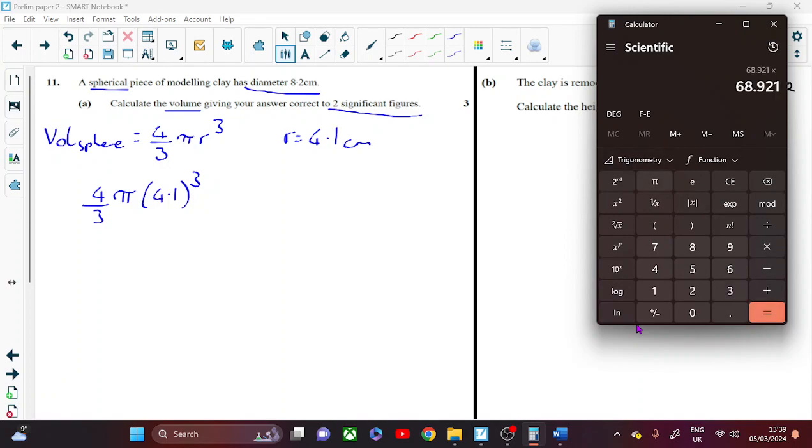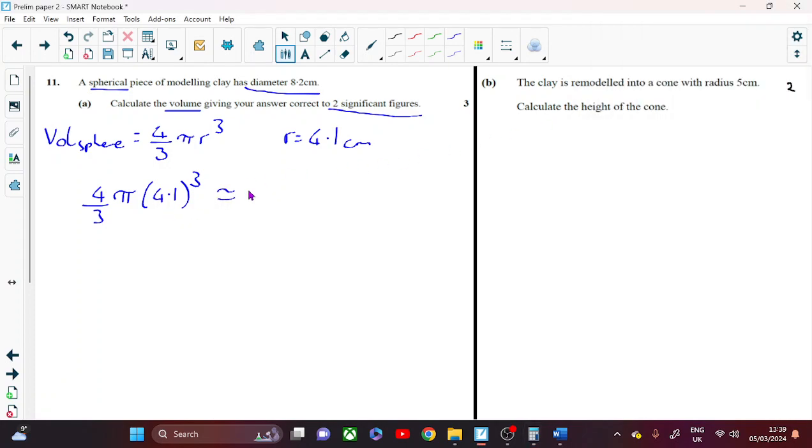I'm going to times that by pi, times that by 4, and divide that by 3, and I get an answer of 288.6956. I'm going to round that because it says it wants it to 2 significant figures. I'm going to start off by rounding that to 288.7.